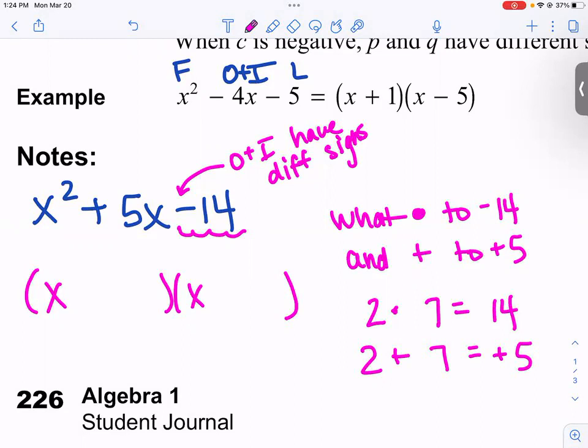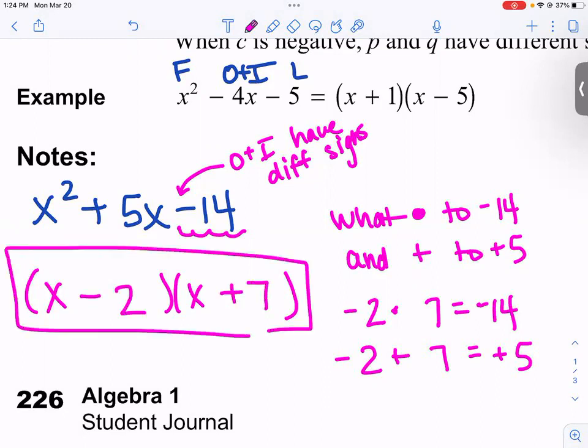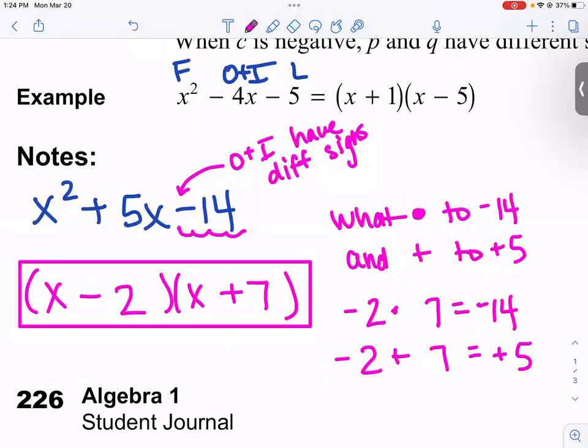If the 7 is negative, what's 2 plus -7? That'd be a -5. We want the 2 to be negative. So x minus 2, x plus 7.